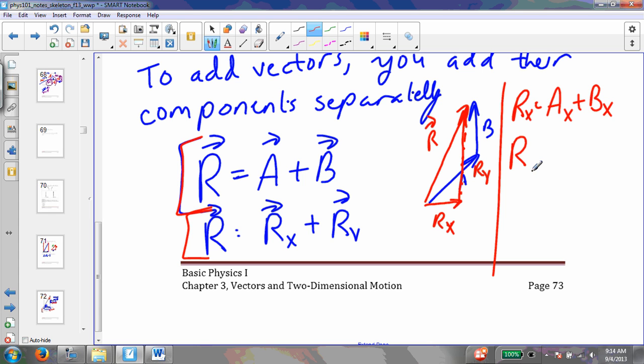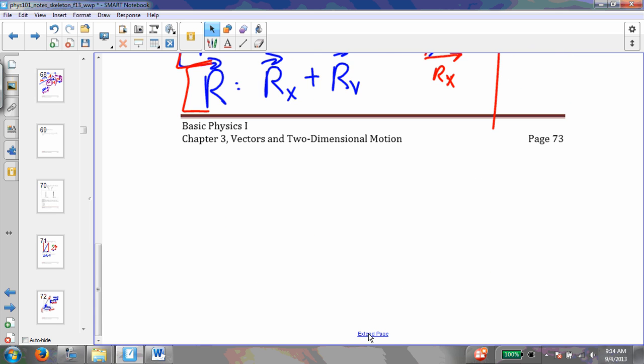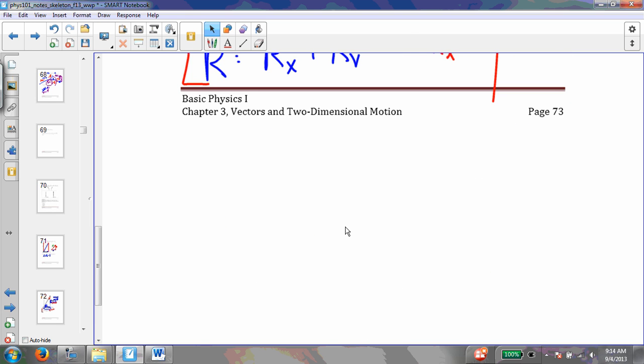And then Ry is going to equal the sum of Ay plus By. Let me try to show you this. Let me pick another set of vectors to show you.